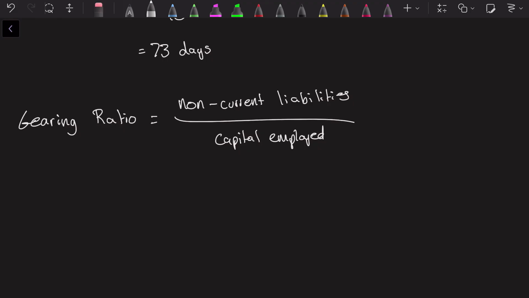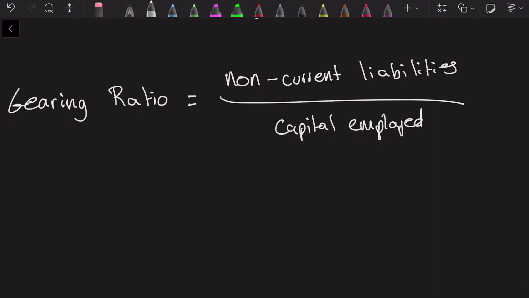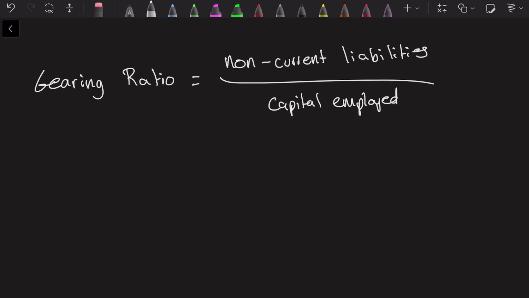So the gearing ratio is looking at how much of the capital employed the business relies on things like long-term loans, as a percentage, right? Oh yeah, so we need that times 100.